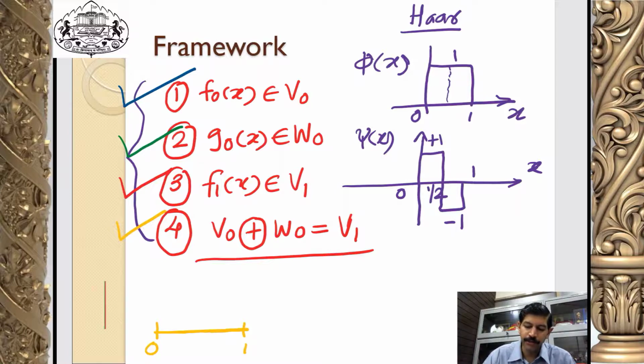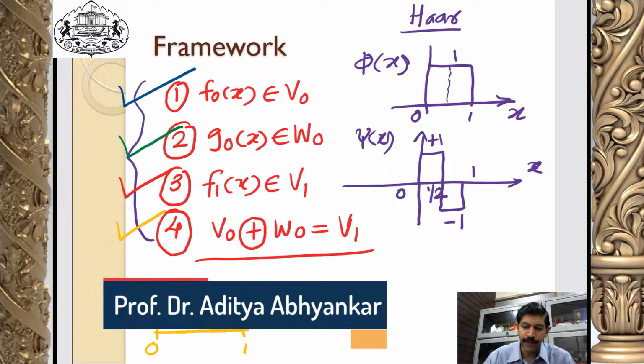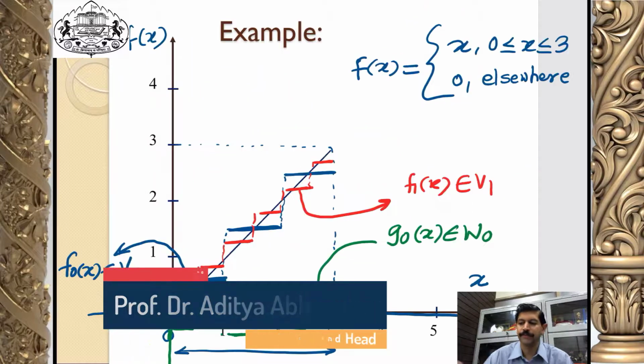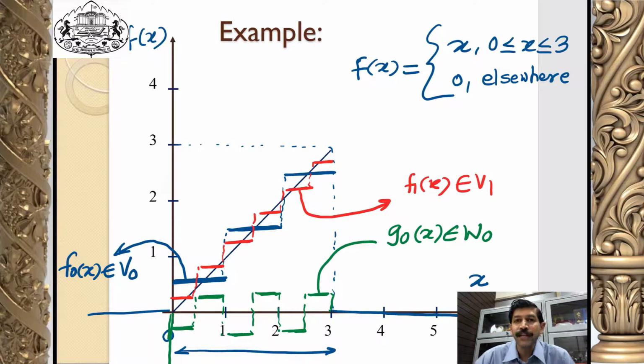Now let's do this mapping by looking at the function and the projections that we have drawn superimposed on top of that. So if you look at the first window, that is from 0 to half.